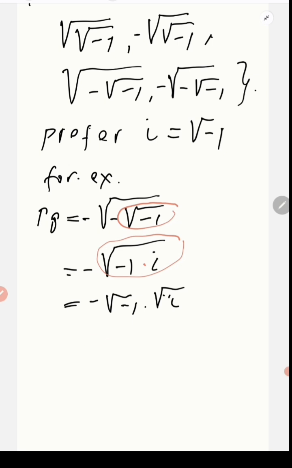Remember, square root of a times b is equal to square root of a times square root of b.